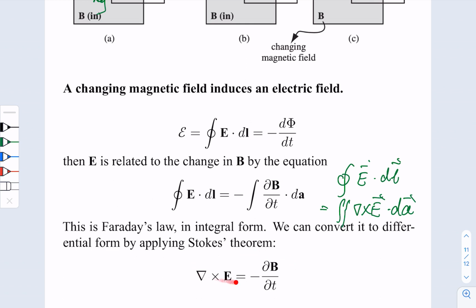So that's how we get the differential form of Faraday's law. That's del cross E equals minus partial B partial t.